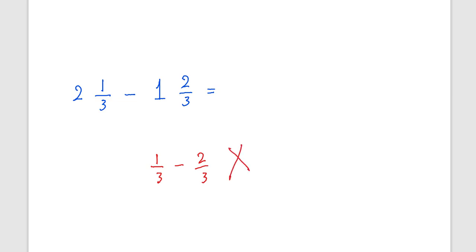No. It cannot be done. You need to rename. Can you take away 2 from the 1? If you have only 1, can you take 2? 1 minus 2 cannot be done. Right, Riyadh? Yes. So in this case, we need to rename the first mixed number.